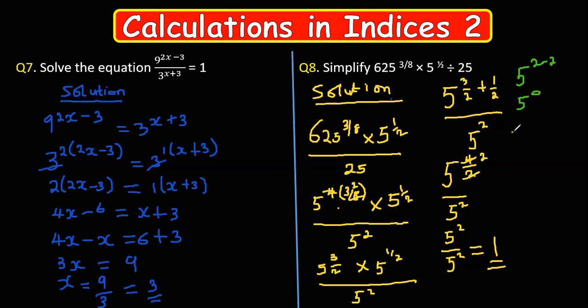I've covered that in my video lesson about the laws of indices. Anything raised to the power of 0 is just 1, so we still arrive at 1. Okay, you can see it is very simple to calculate indices. Just follow the steps.